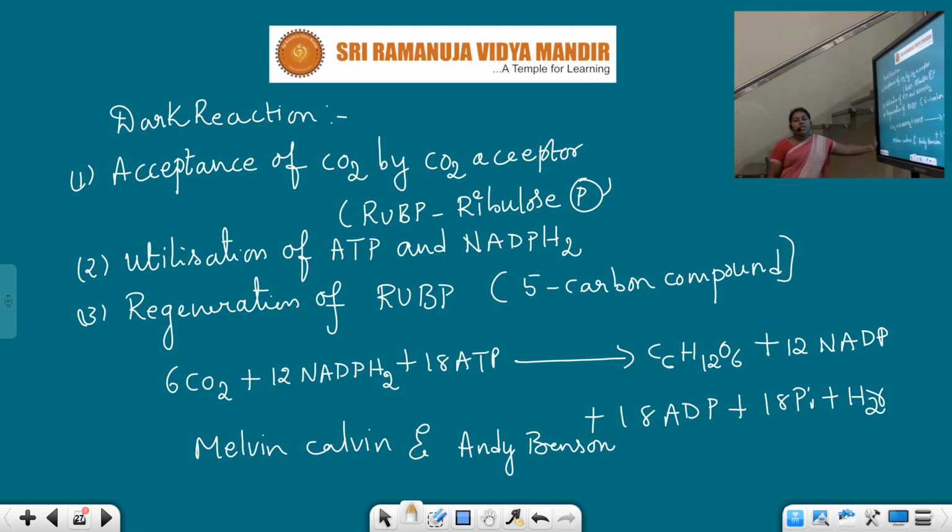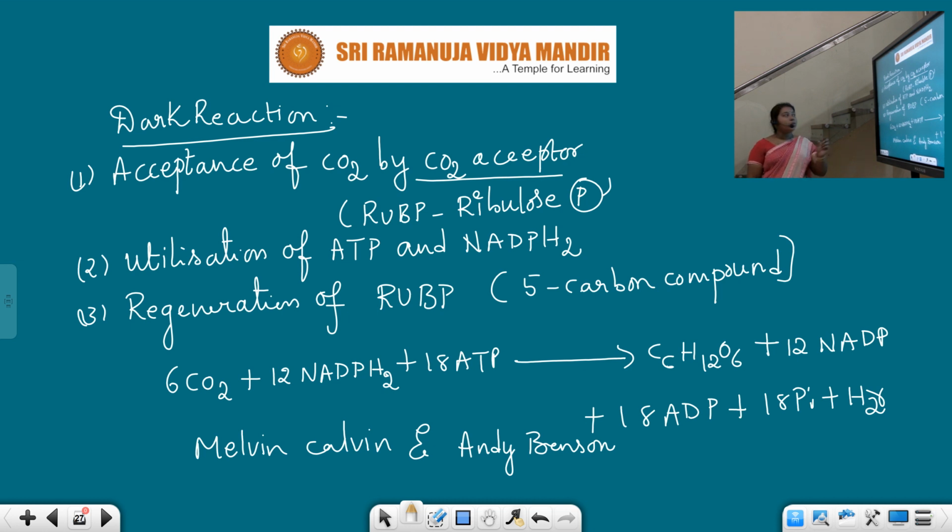Now let us discuss the events which take place in the dark reaction. First, acceptance of carbon dioxide by the carbon dioxide acceptor. Here the carbon dioxide acceptor is RuBP, ribulose bisphosphate.